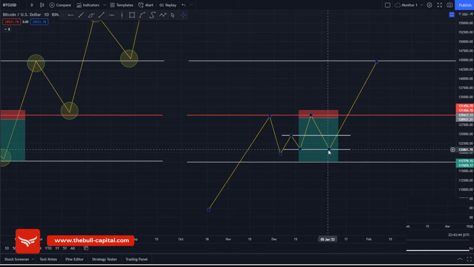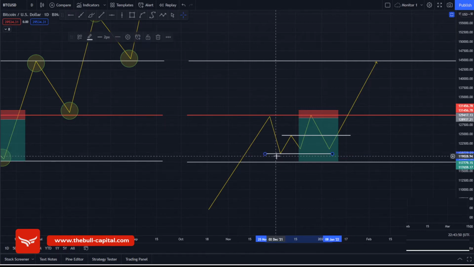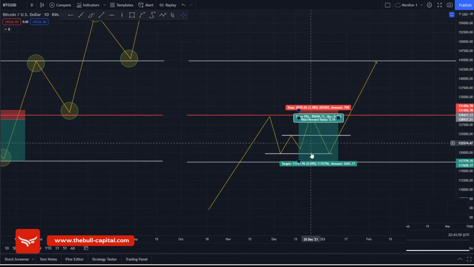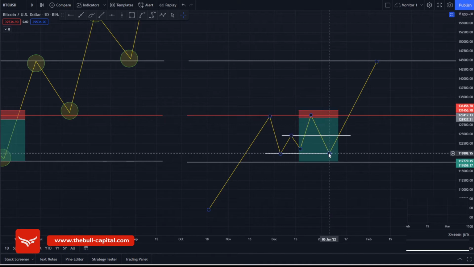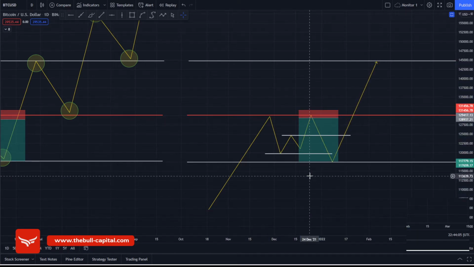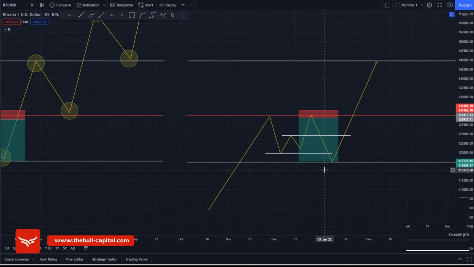And if it breaks this support, it's going to go to the next one, which is this valley here. It's going to go a bit lower, and of course, if it breaks this support, it's going to go to the bottom of the channel, to the main support.